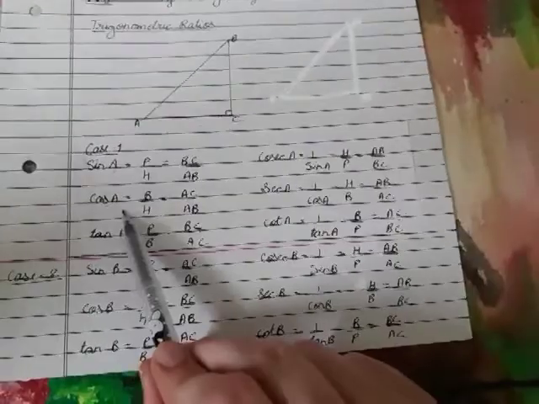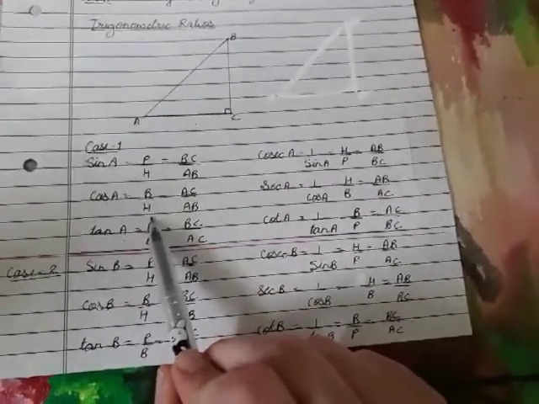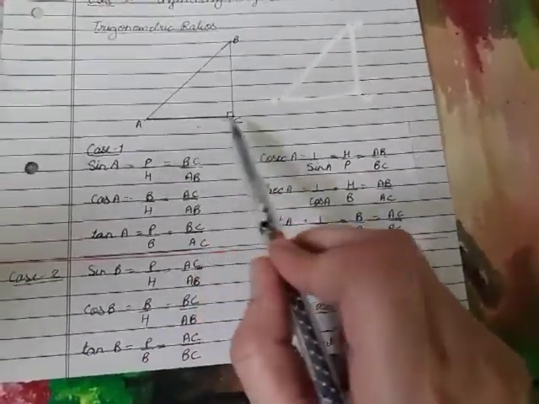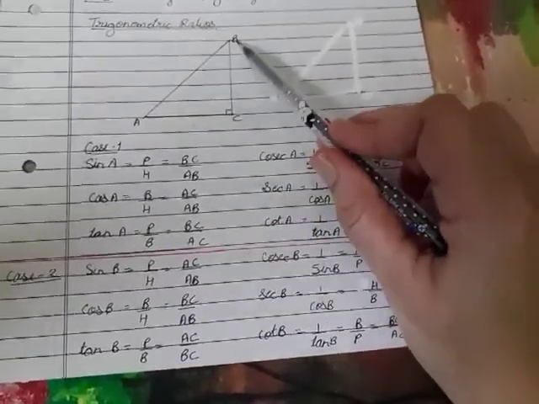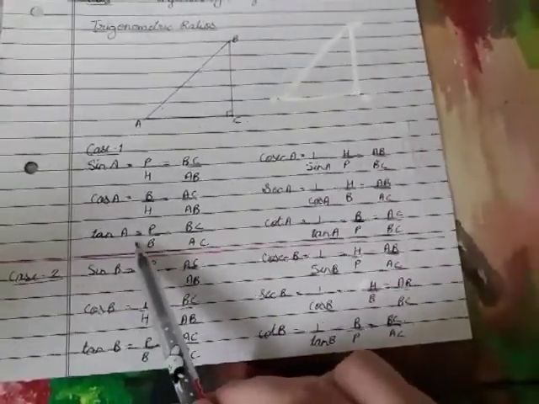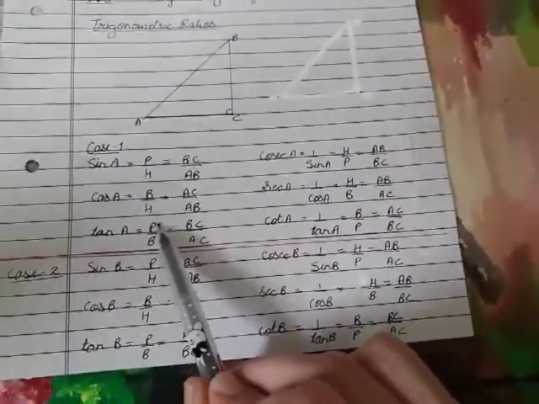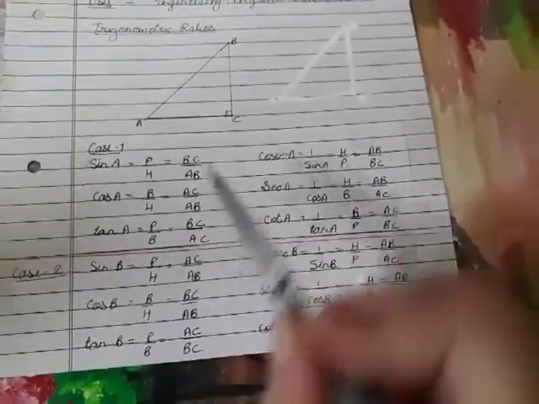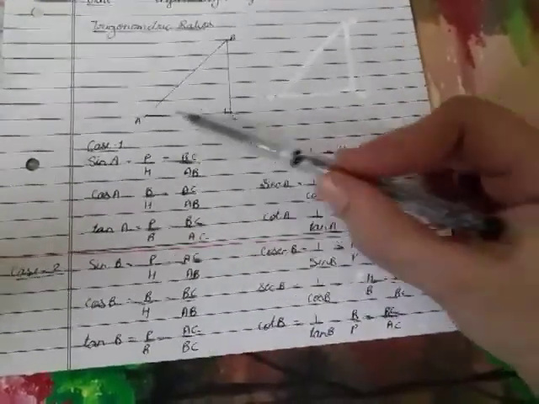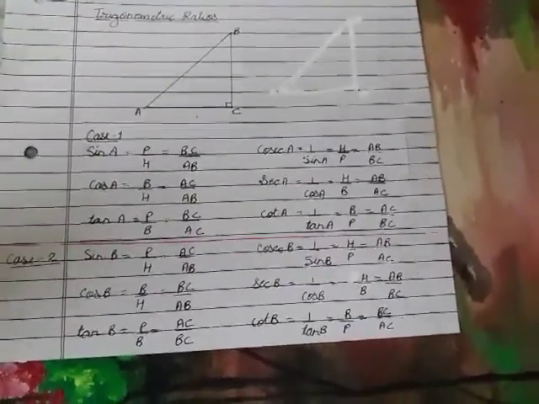Cos A is given by base upon hypotenuse, so here base is AC upon AB. Tan A is given by perpendicular upon base, so here perpendicular is BC and base is AC. Now hope these 3 ratios must be clear to you. Now let us move on to the next 3 ratios.